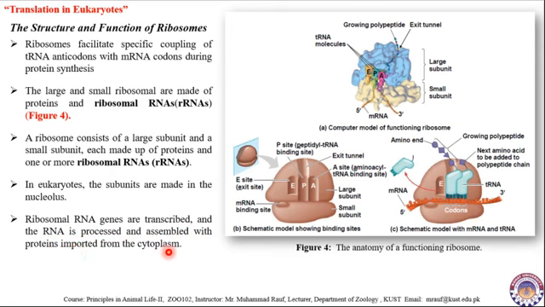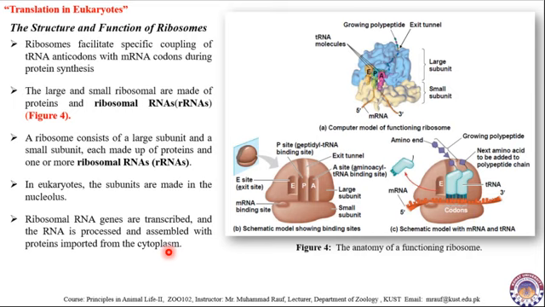So once the ribosomal RNA is synthesized from DNA, remember that the DNA does not encode just proteins, it also encodes other types of RNAs: transfer RNA, ribosomal RNA, siRNA, snRNA, microRNAs. All those RNAs are synthesized from DNA, but only messenger RNA is translated. The other types of RNAs are not translated.